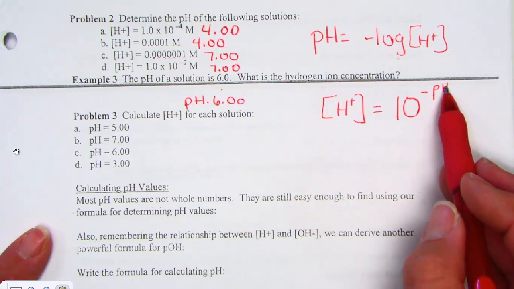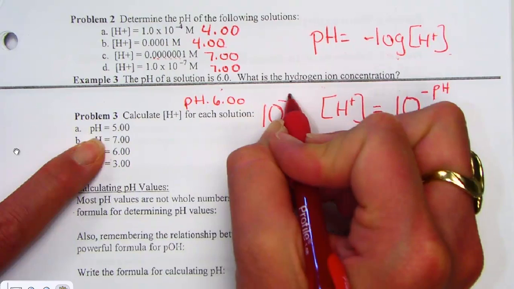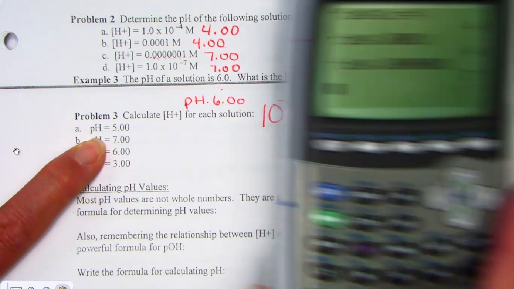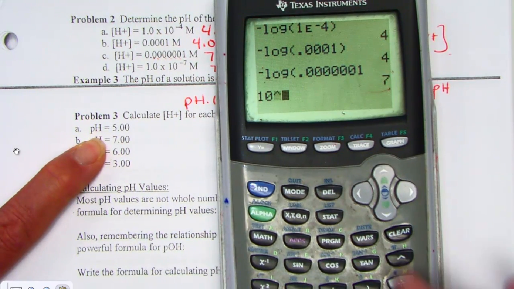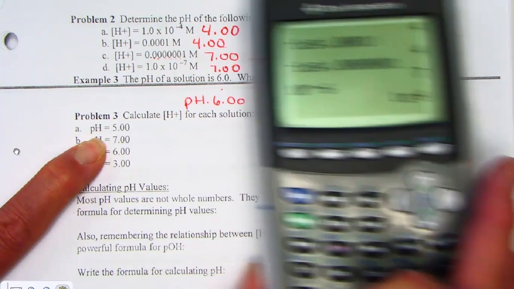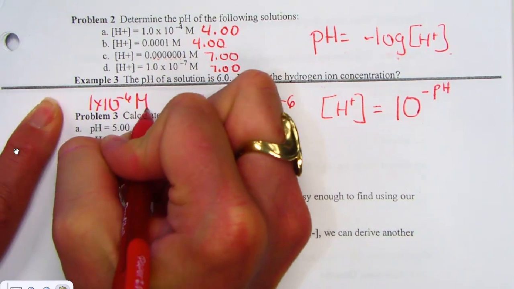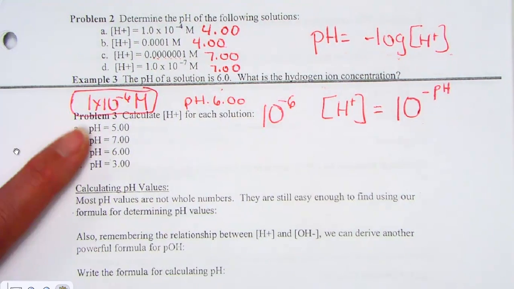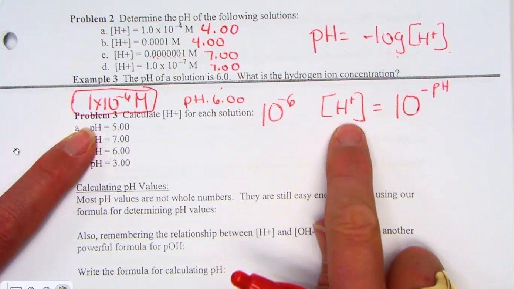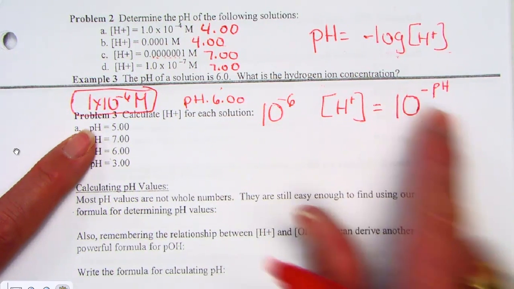Base power 10, negative pH. I just do this: 10 raised to the, that's my caret key, negative 6, and you get a number. 1 times 10 to the negative 6th power. That becomes the exponent, and that would be a molarity unit. The hydrogen ion concentration, 10 raised to the negative pH.